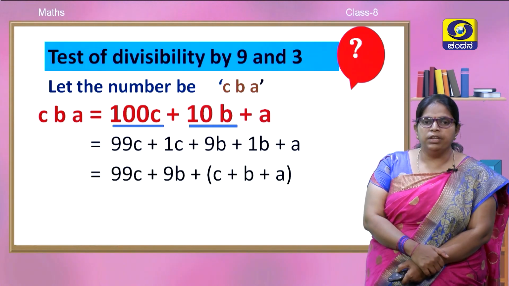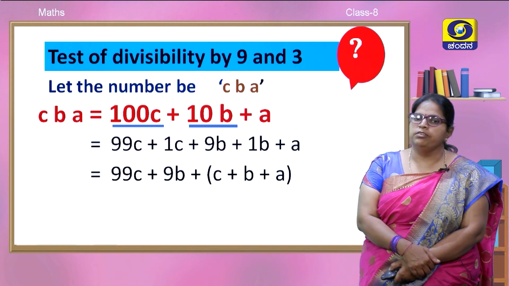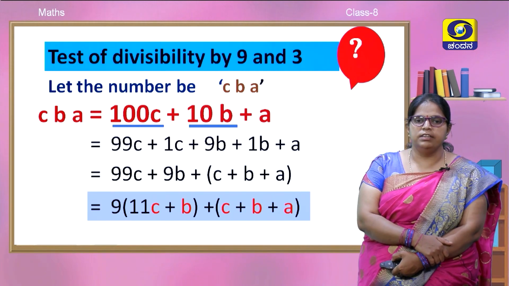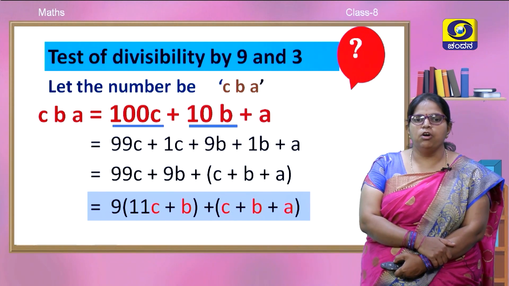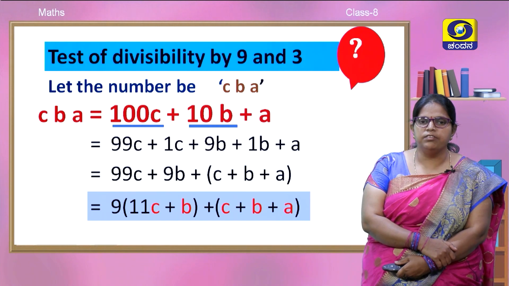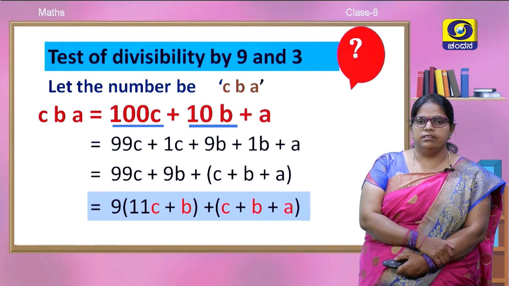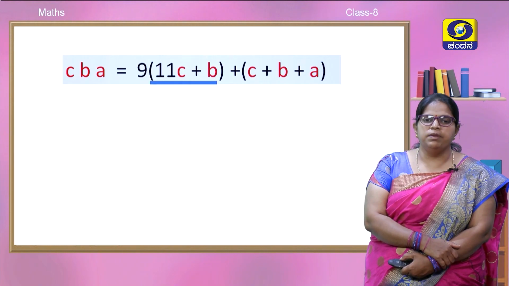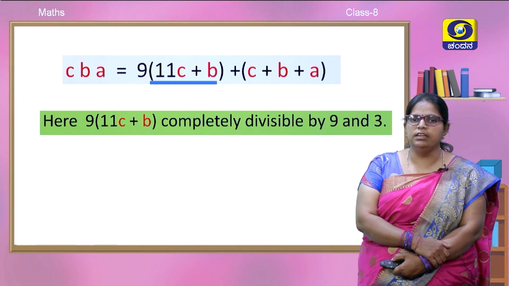Now, regroup the multiples of 9 together and the remaining terms together. We can rewrite the first two terms, that is 99C plus 9B, and take 9 common. It becomes 9 bracket 11C plus B. Now, write the next term as it is, C plus B plus A. Here, 9 bracket 11C plus B is a multiple of 9, therefore divisible by 9 and 3.